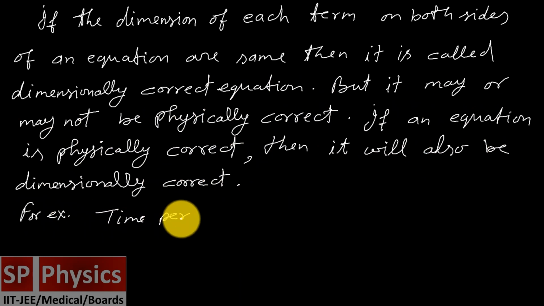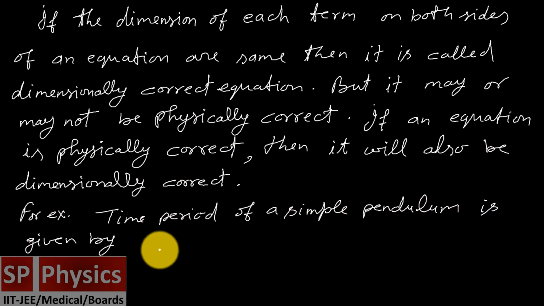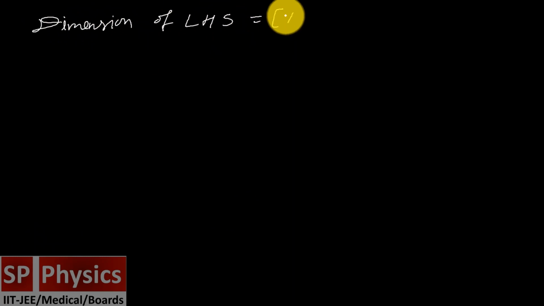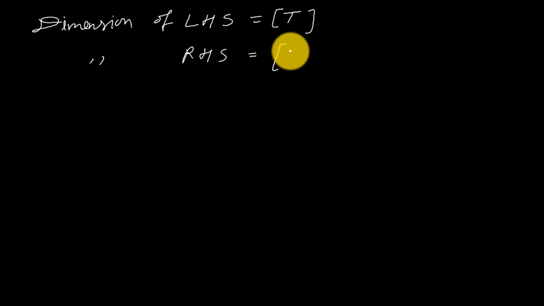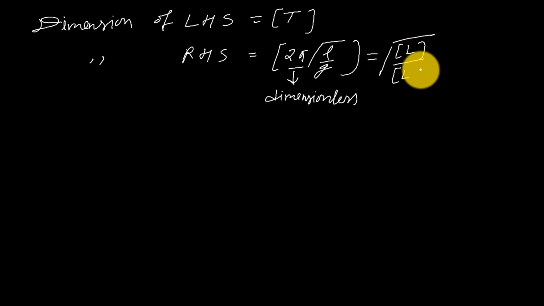For example, the time period of a simple pendulum is given by T is equal to 2 pi square root of L upon G. Dimension of left hand side is equal to dimension of time T. It is capital T in square bracket. Dimension of right hand side is equal to dimension of 2 pi square root of L upon G. 2 pi is a dimensionless constant, so it is equal to dimension of length upon dimension of acceleration G. It is L T to power minus 2.